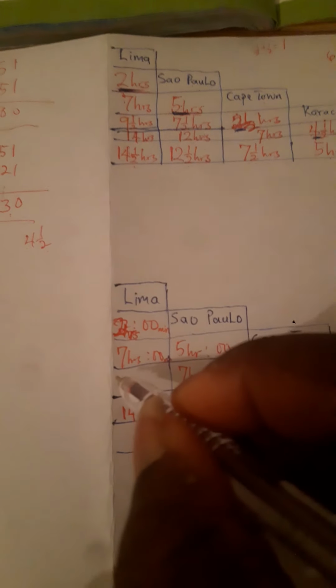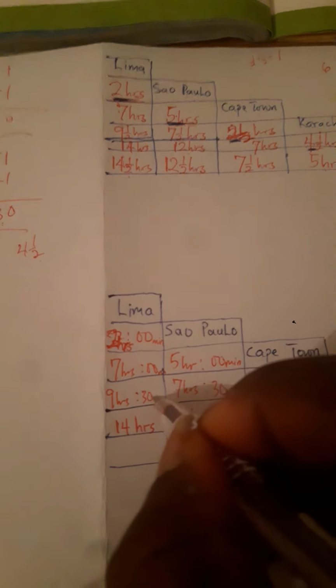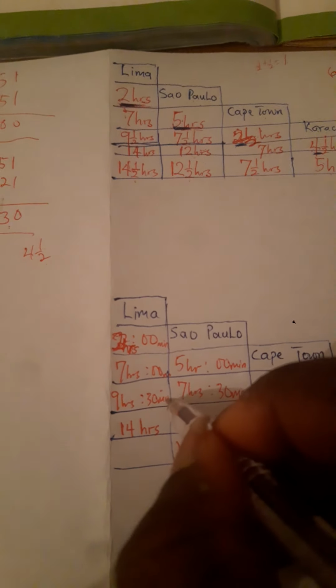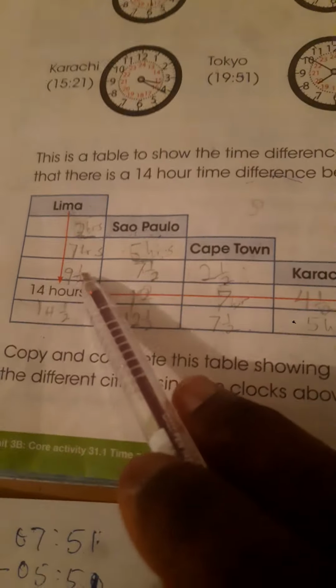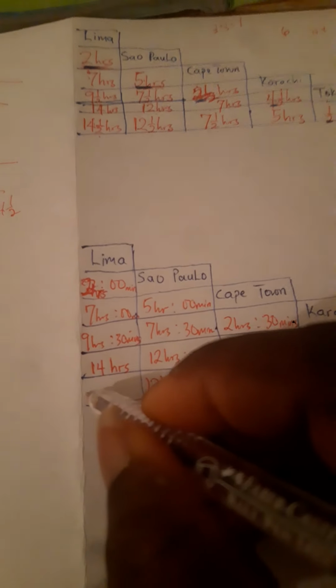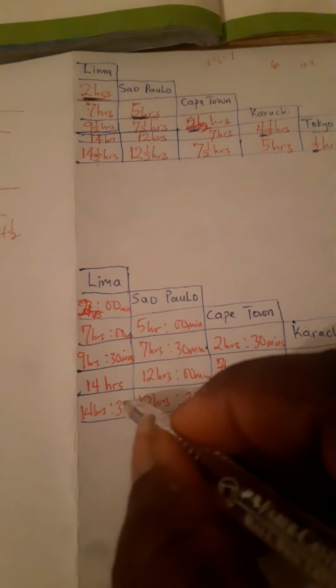So I have 9 hours, 30 minutes. 30 means half. And 14, according to the book, here is 14 hours. Okay. Now, the last one is 14 and a half hours. So 14 and a half hours is what? 14 hours. Half is what? 30 minutes. So this is the summary of what we've done today in class.